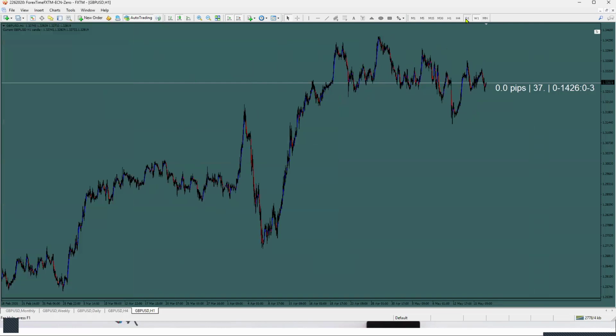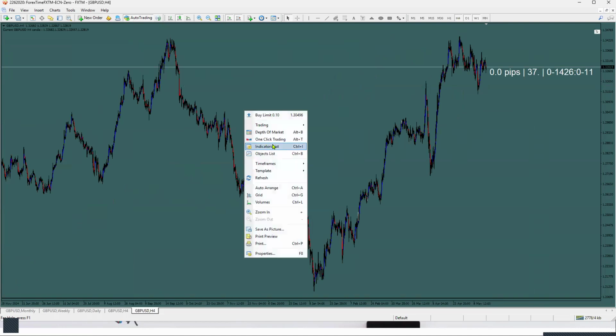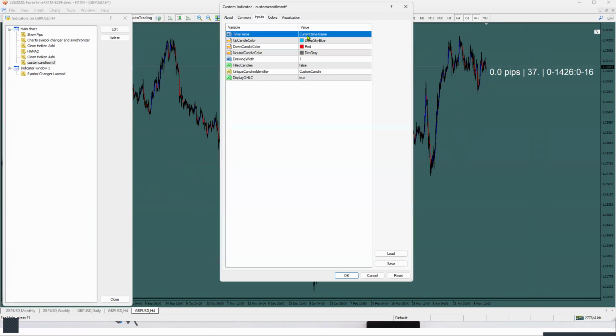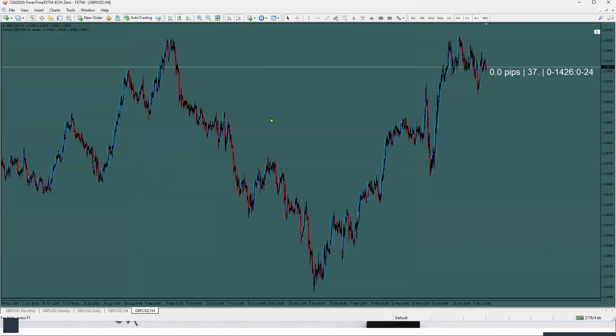Let me apply 4 hour. Now on this 4 hour, I want to apply this custom candle. I want to put daily on top of 4 hour. So you see daily charts on top of 4 hour chart.